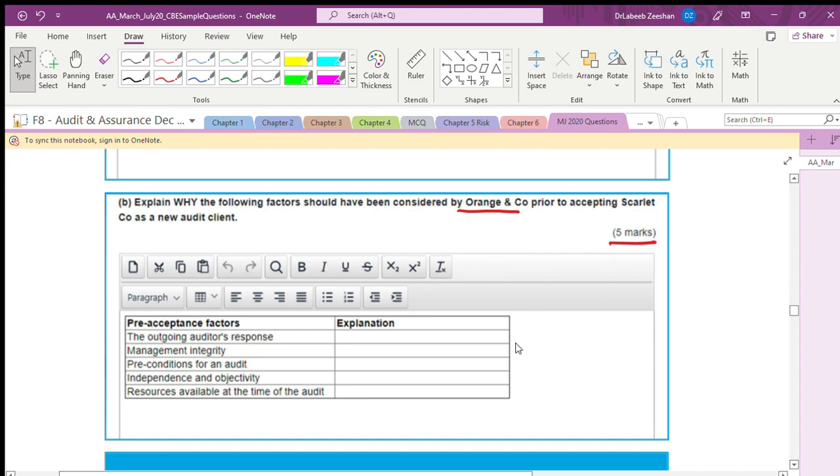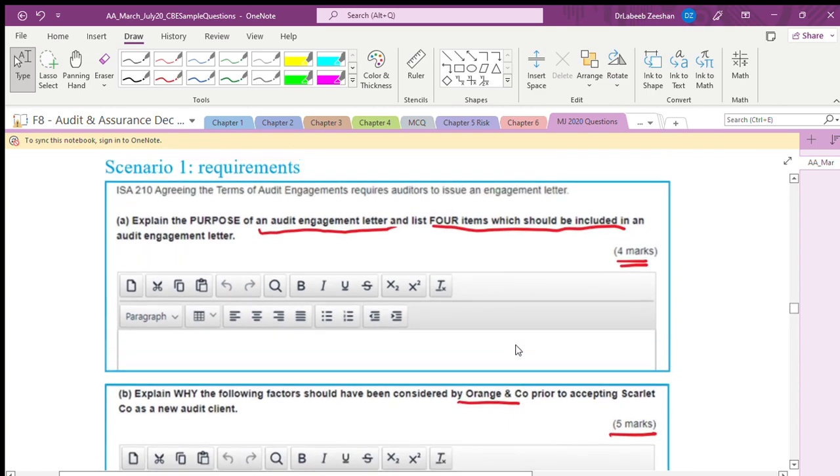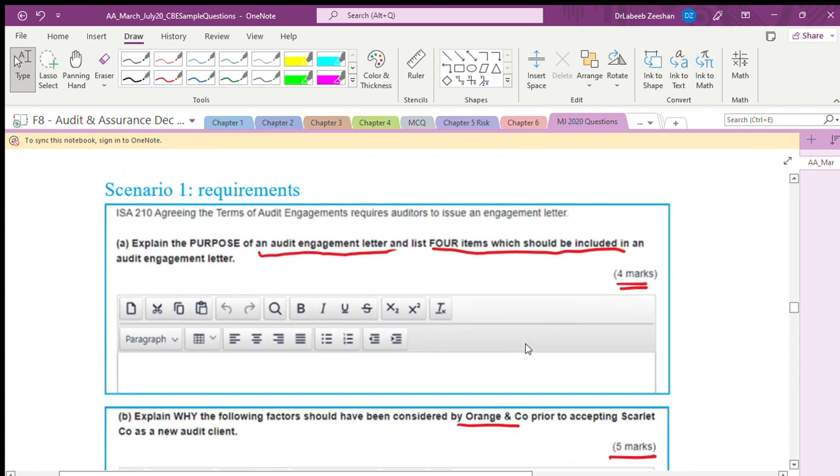Okay, we will see. What they are saying, what are the audit engagement letters and 4 items which should be included in the audit engagement letter. This is the theory one. This is pure theory. This is nowhere related to that.